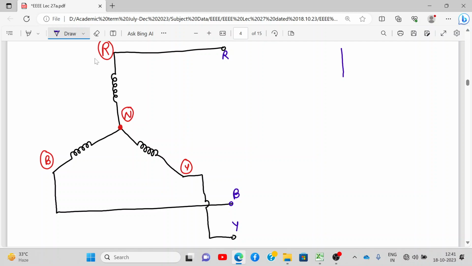Now, if I have a three-phase load, it need not be a resistive load, right? If I write Z, it's okay. It can be resistive, capacitive, or inductive. So instead of writing anything, I'll write it as Z phase. Z is my impedance, connected in the same fashion.